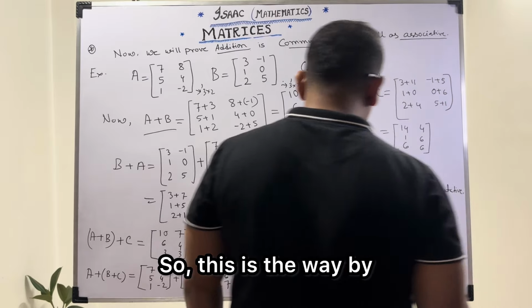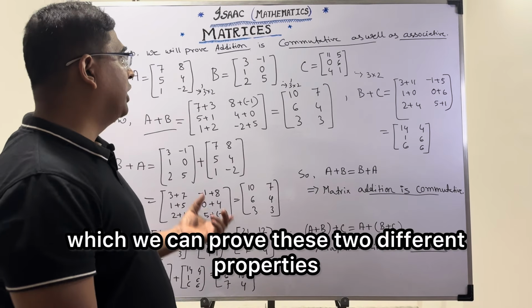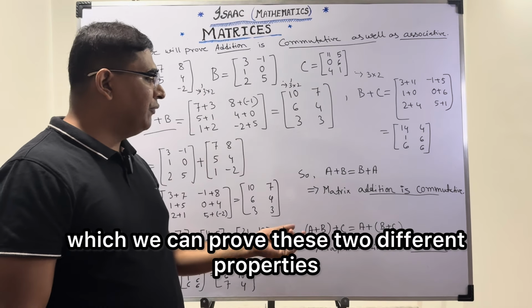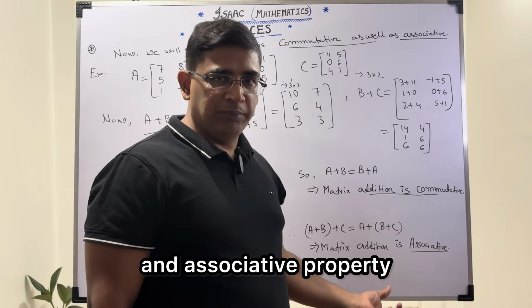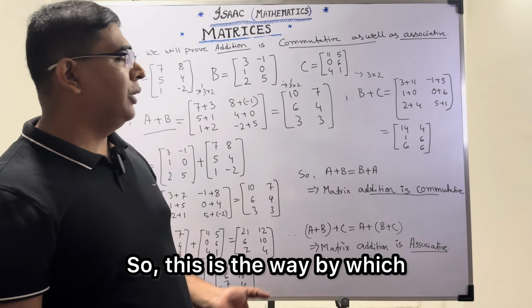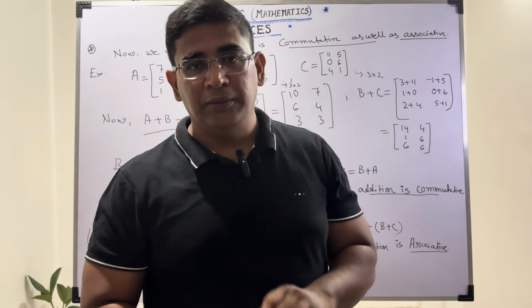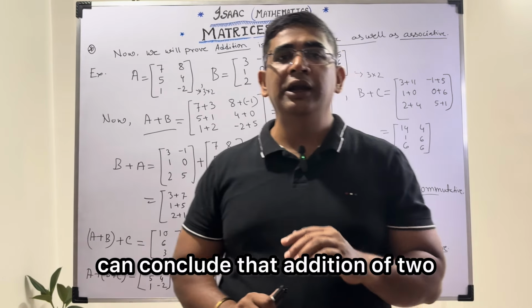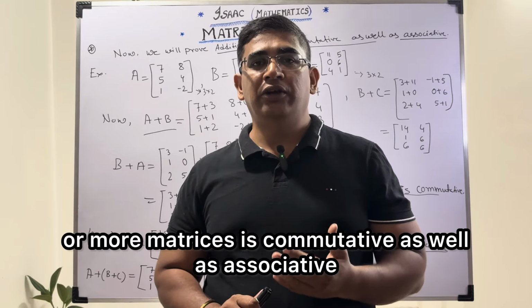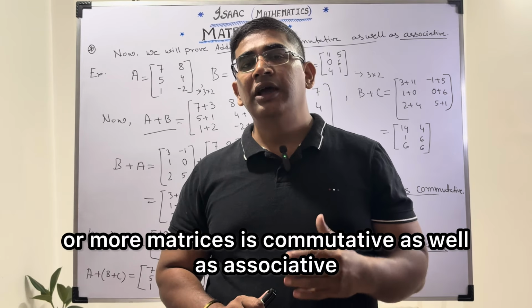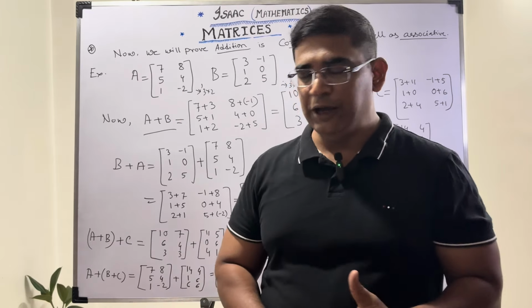Okay. So this is the way by which we can prove these two different properties, the commutative property and the associative property. So this is the way by which we can conclude that addition of two or more matrices is commutative as well as associative. Okay.